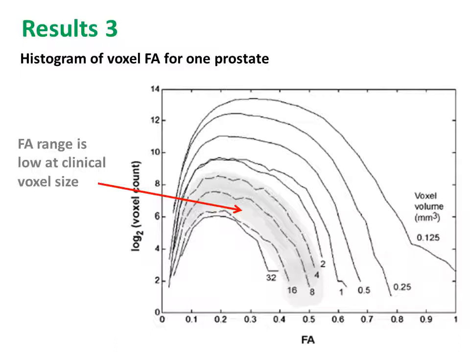You'd have to wonder whether some of those high values were due to noise. If we start to go up in voxel size, the average FA and the maximum FA both decrease until we get down to this grey shaded area, which represents the typical size found in clinical imaging. We can see that the maximum FA is around 0.5 and the average is actually quite low, around 0.2 to 0.3.